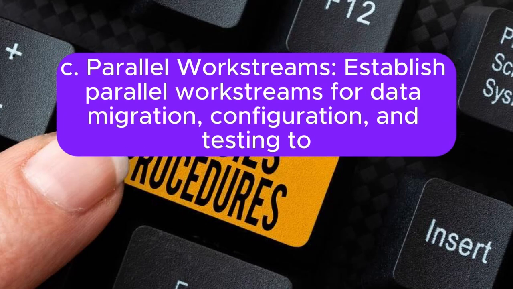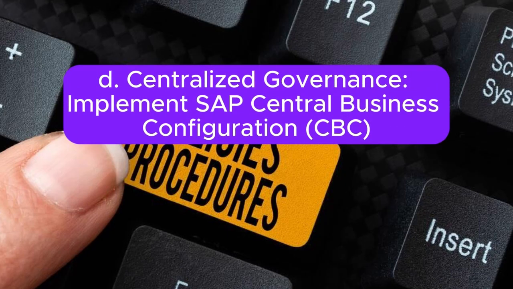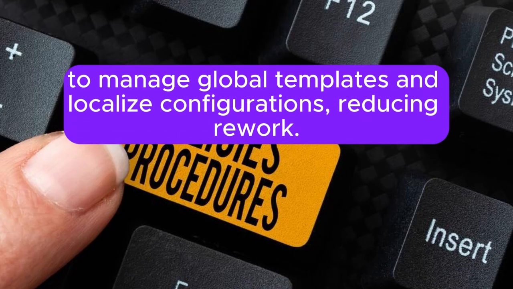C. Parallel workstreams. Establish parallel workstreams for data migration, configuration, and testing to compress timelines, with clear milestones for each country. D. Centralized governance. Implement SAP Central Business Configuration (CBC) to manage global templates and localize configurations, reducing rework.